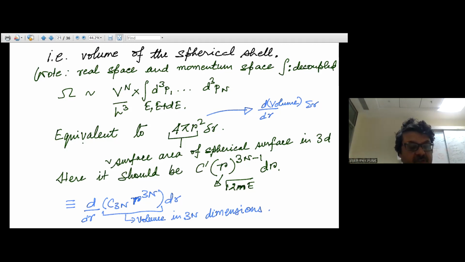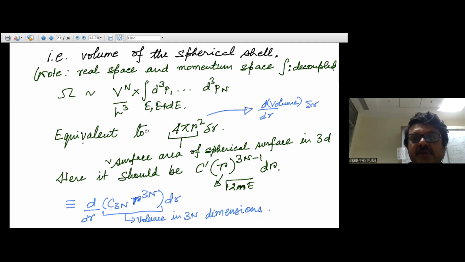It might be a sphere or a cubic box, it really doesn't matter. Each particle can explore all the ranges of x, y, and z as defined by the constraint of the box. So hence I have written V to the power n, and that is decoupled from the momentum integral, where the energy should be between E and E plus dE. So it's that shell, and the particles are on the surface of this sphere. I'm talking about the momentum degrees of freedom.